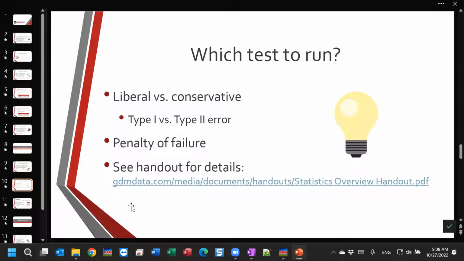Are you more concerned about having a false positive, or do you really want to avoid false negatives? It might depend on what phase your research is in, or what type of research you have, and thinking about your penalty of failure is a big factor in which test to choose, and maybe also your significance level as well.